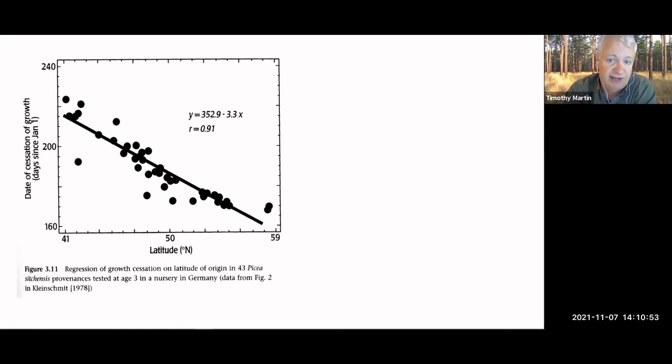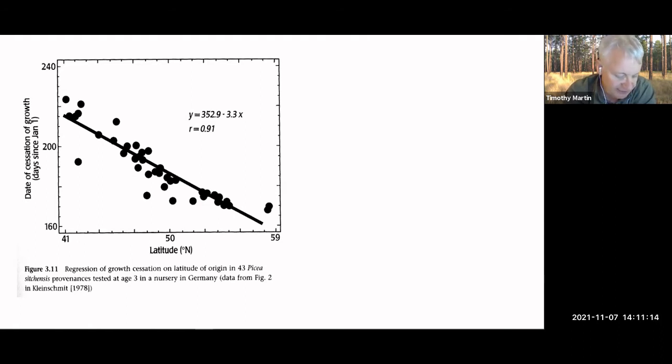Certainly environment is not constant, but at least before climate change, the assumption is that a tree that naturally occurs in a location is fairly well adjusted and adapted to that location. So provenance is a term that you'll often see in the genetics of forest trees.